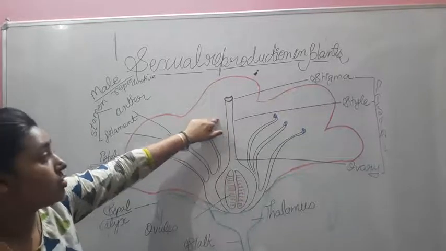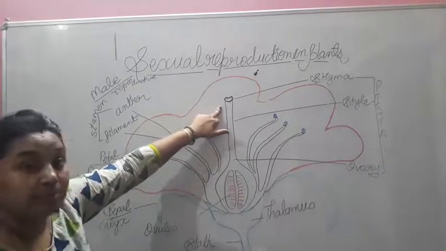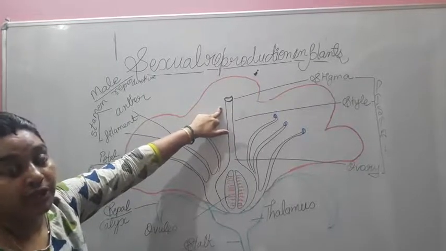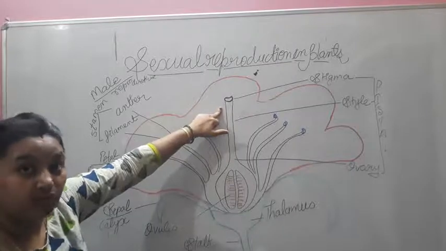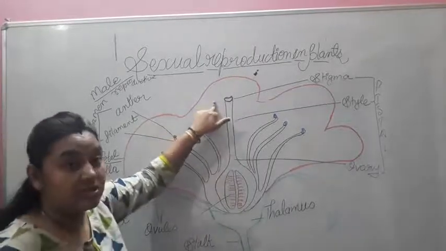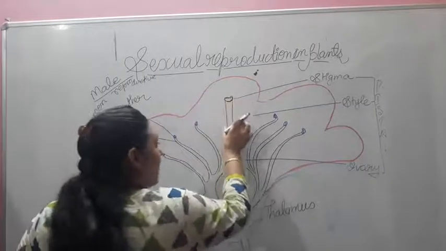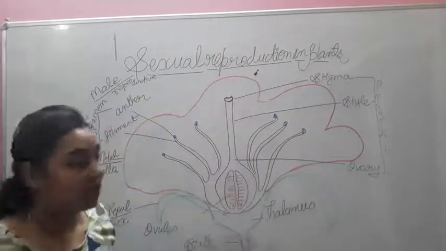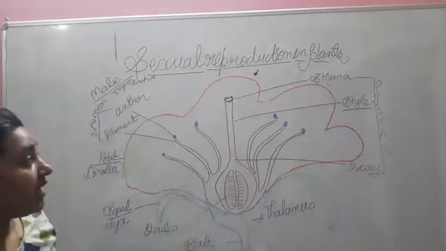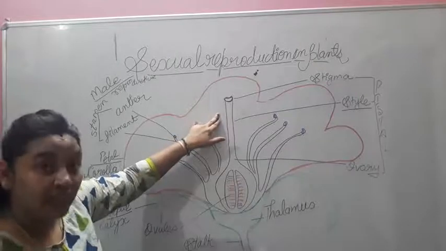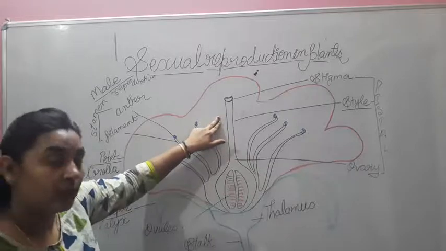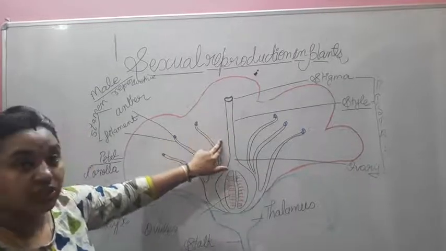So the stigma is the place where pollen interacts with the female reproductive parts, and after this it goes down to the ovary. This stigma has a long tubular structure, which is called the style. The style navigates the male gamete which has been released from the pollen.